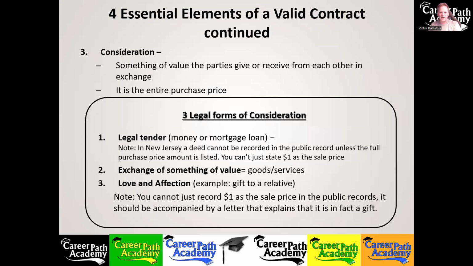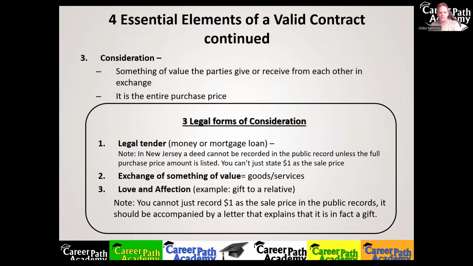You can't have a legally binding contract that is a one-sided agreement that only benefits one party to the contract. There has to be something given or received from both parties.